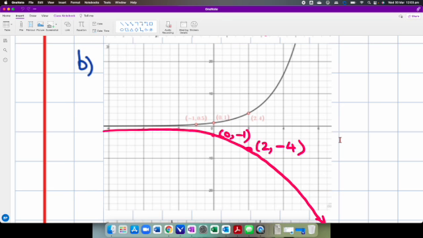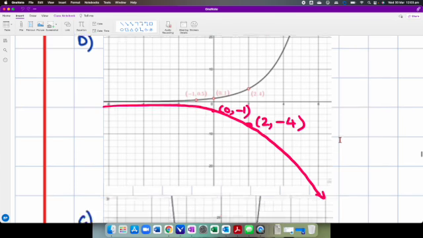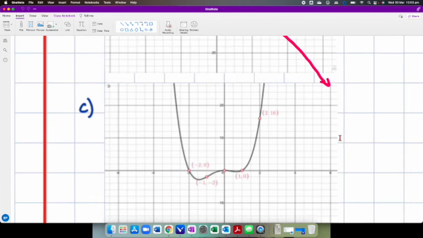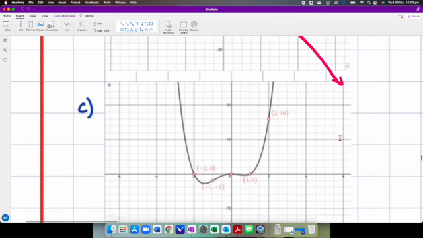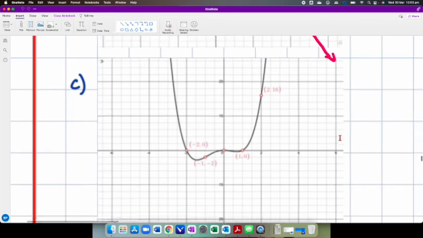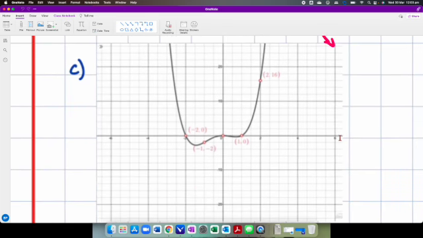And that final curve that I've got there, what degree do you think that final curve on your sheet is? Degree 5 or 4? It's definitely got to be an even degree because it's got both arms up.